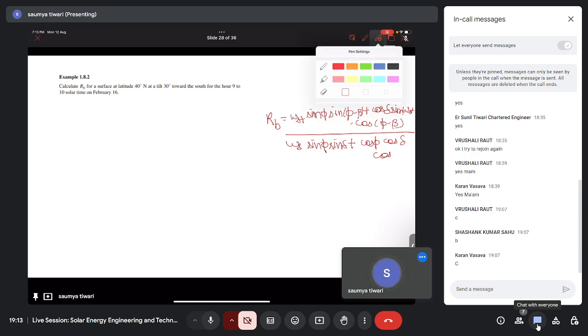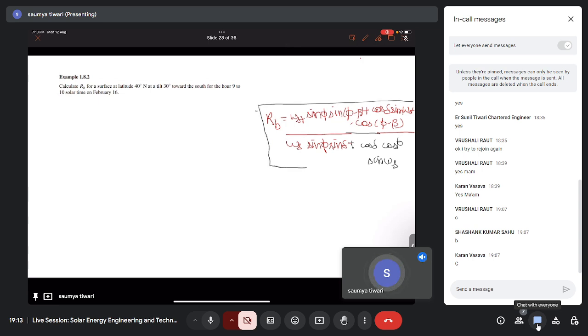So this will be cos δ cos φ, and this will be sin ωs. Okay, so this is the formula.